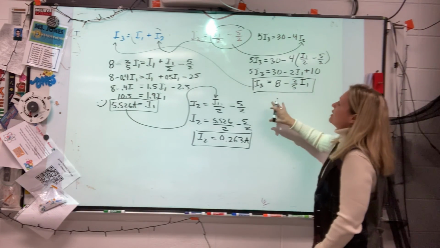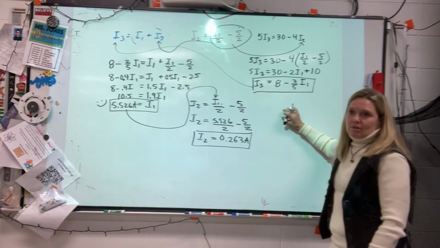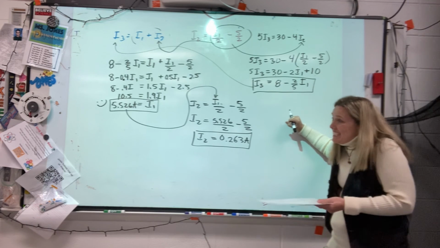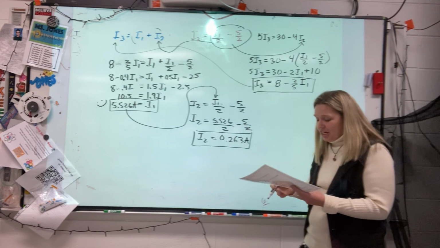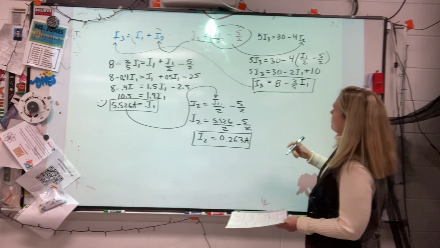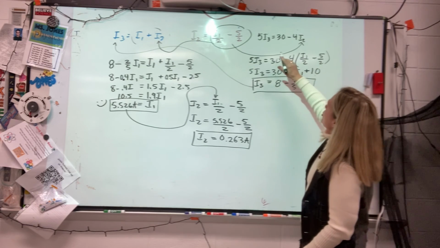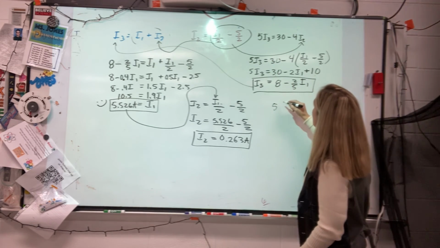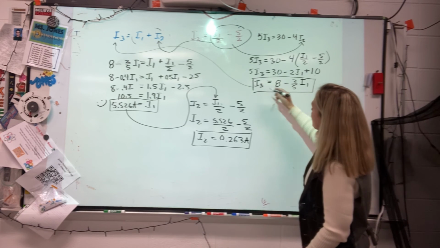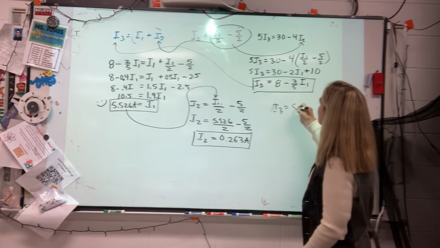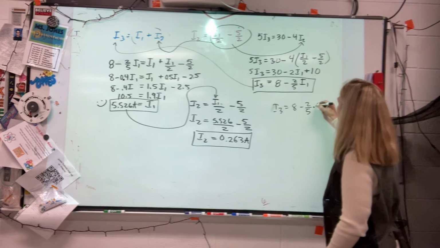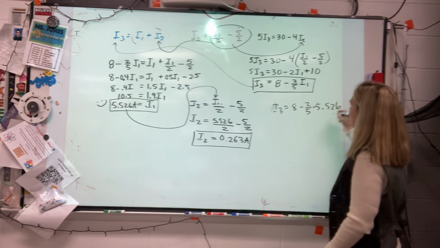Okay. So now, how would you like to do the last one? Just add the 2 numbers together. We could take this and say I3 equals 8 minus 2/5 I1 and put 5.526 here.